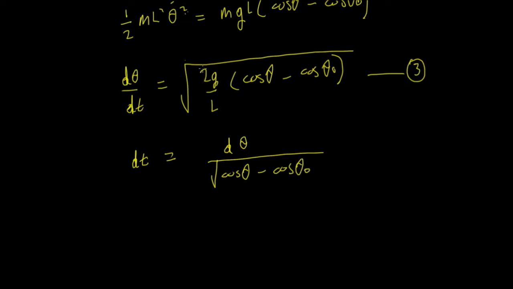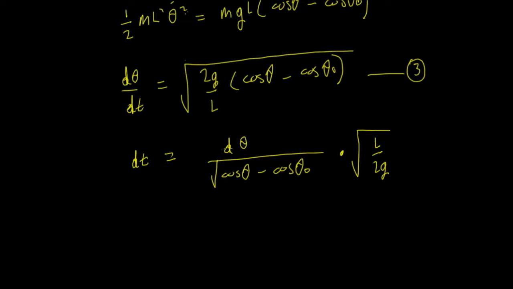And when we take the root 2g upon L down, rather than taking it down underneath the d theta, we can multiply by the reciprocal, which is going to be L upon 2g. Now that was just rewritten, and as I said, that's only going to give you some infinitesimal change in time for an infinitesimal change in the angle theta.